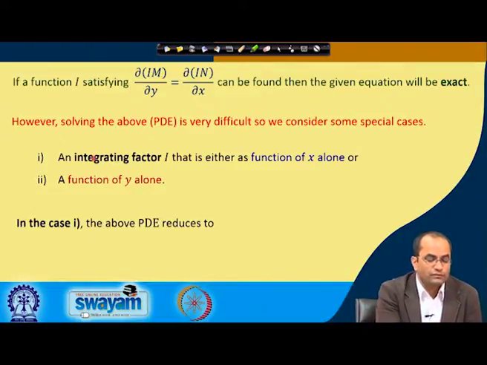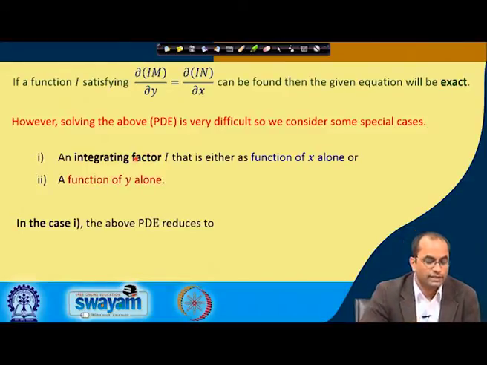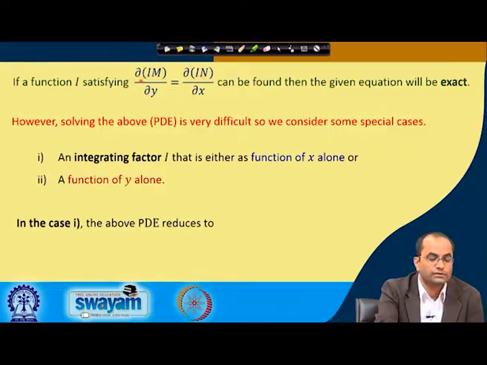So, in case 1, when we assume that I is a function of x alone, then this PDE condition can be reduced. Here the partial derivative with respect to y of I M, I we can take out, because I is a function of x alone.